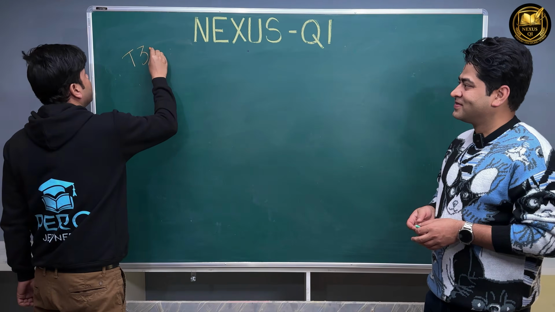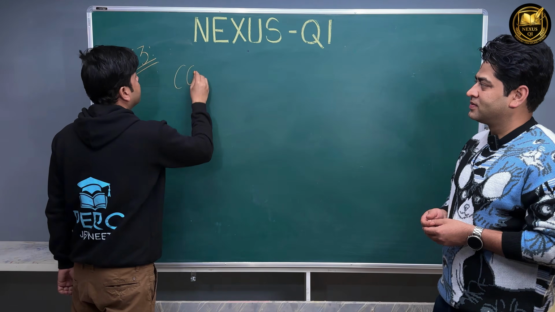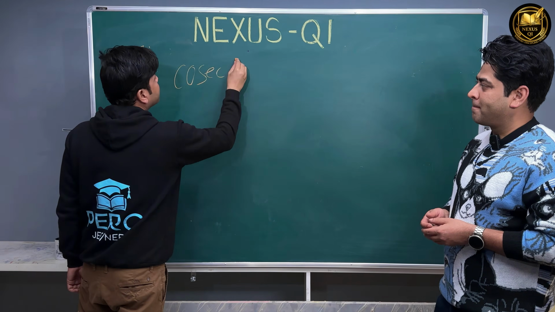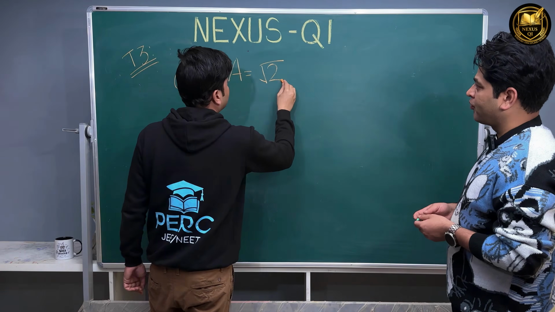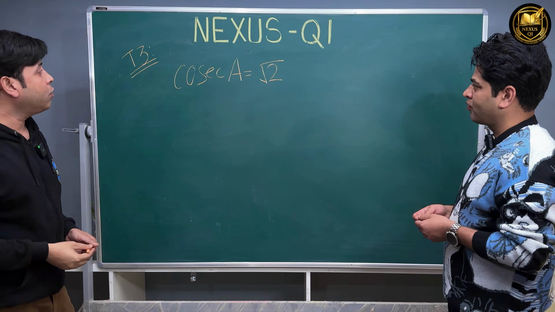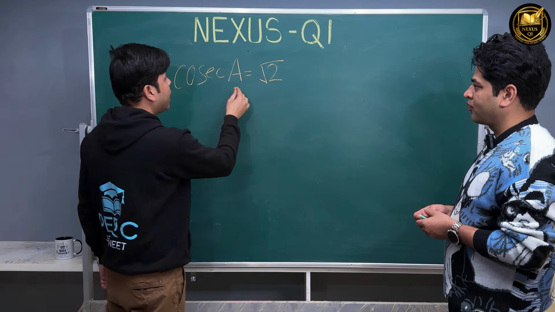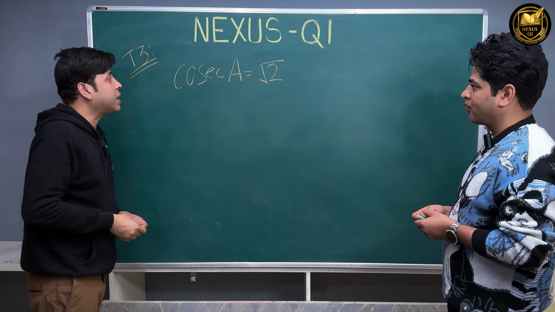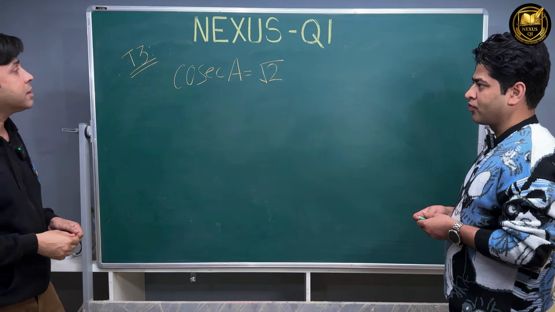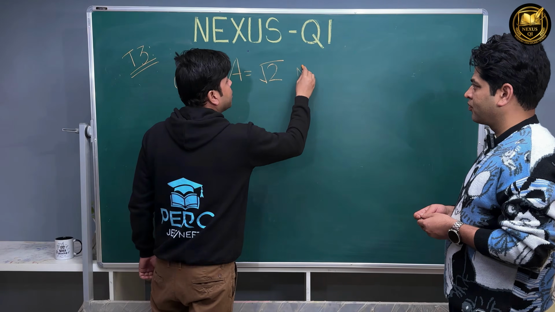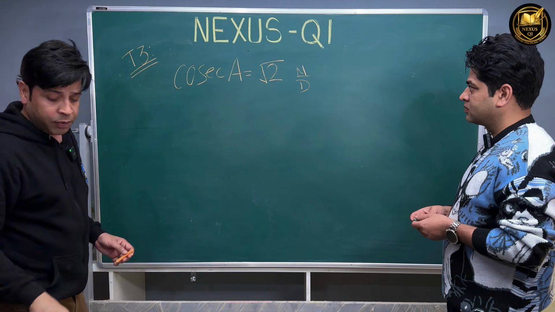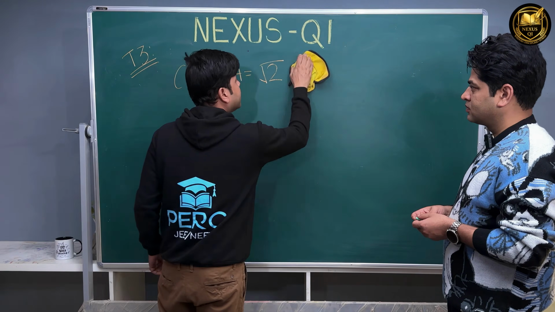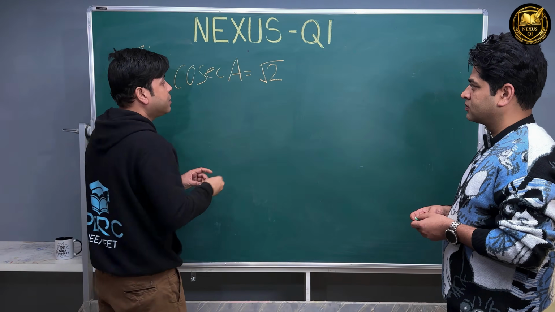Now coming to type 3. Cosec of angle A is given as root 2. Till now every ratio, whether cos, sin or tan, has a numerator by some denominator. But here nothing is there. So we will take the denominator as 1.